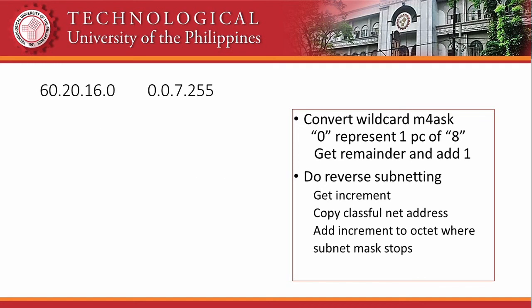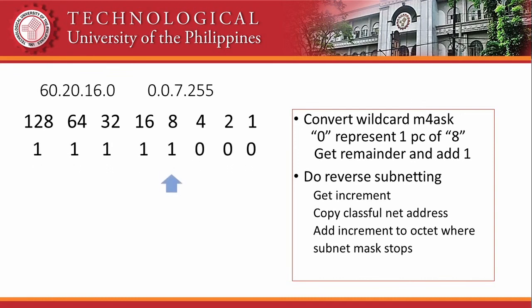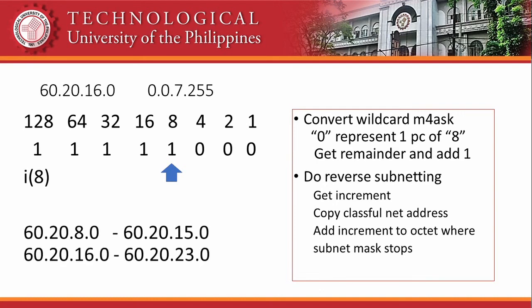Okay, so tapos for our second step, gagawin na natin yung reverse subnetting. Diba una kukunin natin yung increment? So magiging increment natin ay 8. Which octet tayo may huling value ng subnet mask? Diba sa third octet? So doon tayo mag-increment by 8. Since hinahanap natin yung range kung saan pasok yung address na 60.20.16.0, continuous lang dapat yung pagkuha natin ng increment hanggang makita natin saan pasok yung 60.20.16.0.